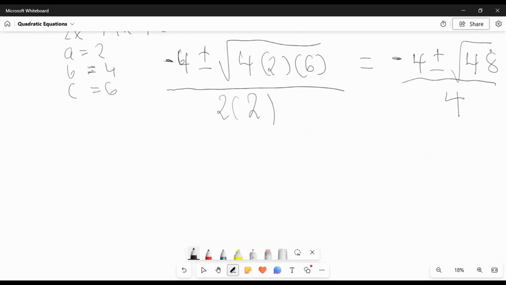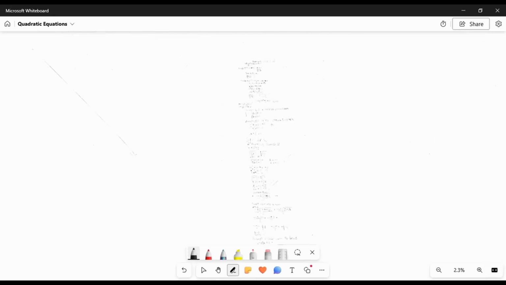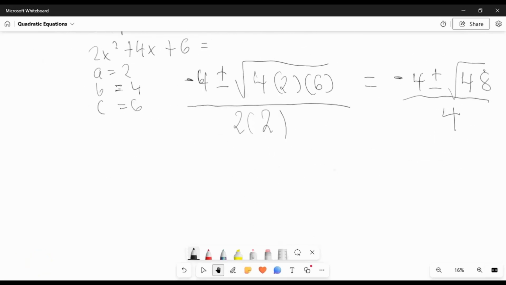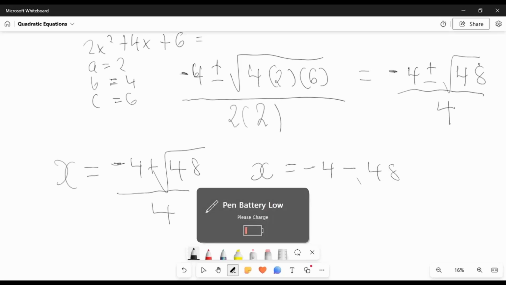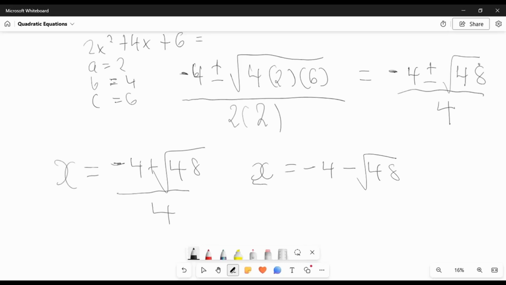So negative 4 plus the square root of 48 over 4, and x is negative 4 minus the square root of 48 over 4.